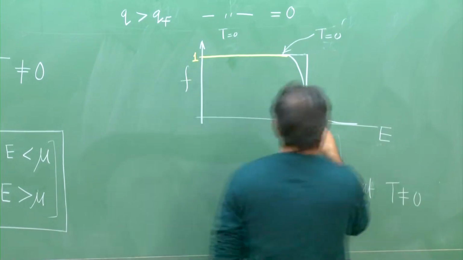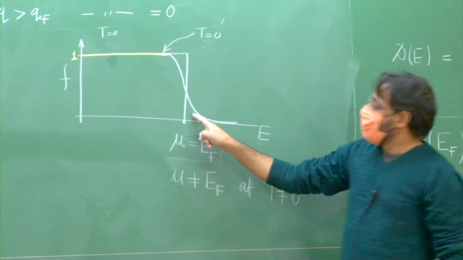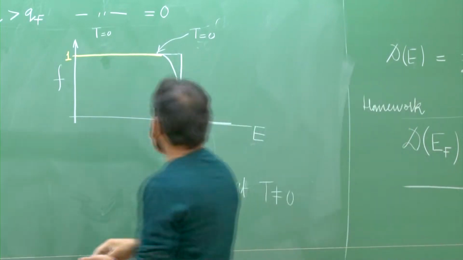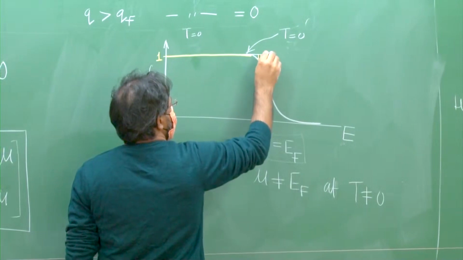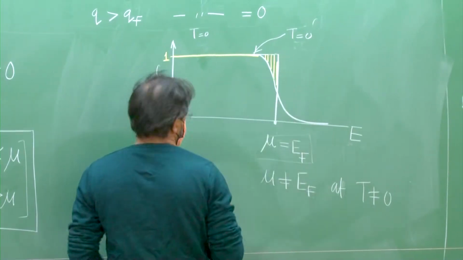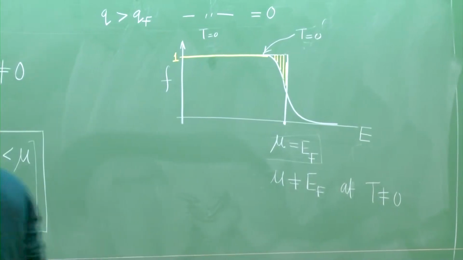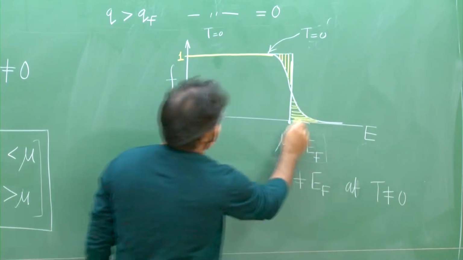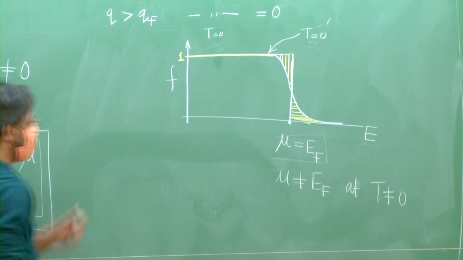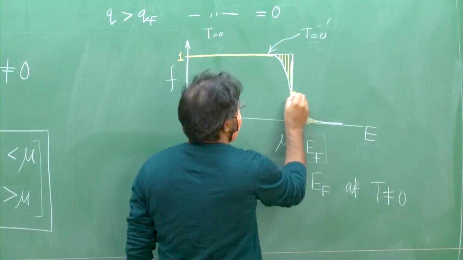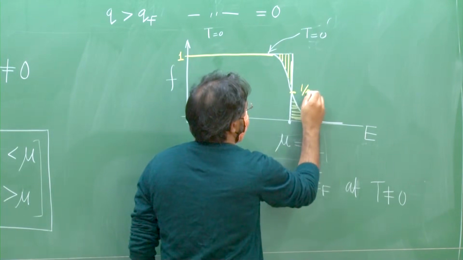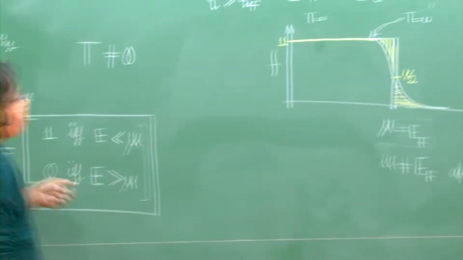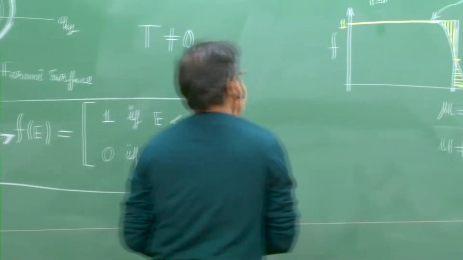The probability of their occupancy is not 1, and the probability of occupancy of the earlier states has also dropped from 1. So, these states have been replaced by these states. And you can easily see that this point will be nearly 1/2. F will be 1/2 if you put E equal to EF at finite temperature. You can check that, right.